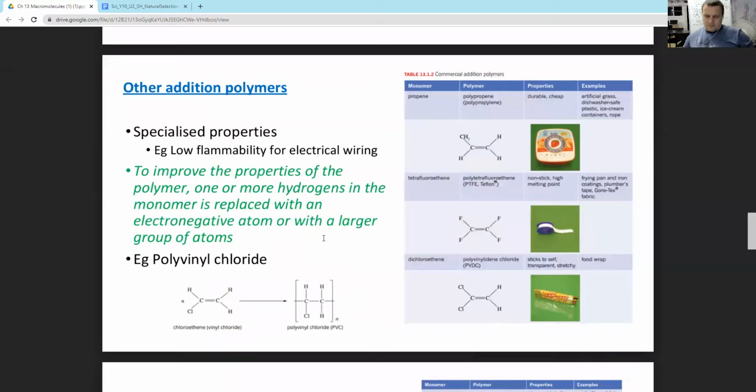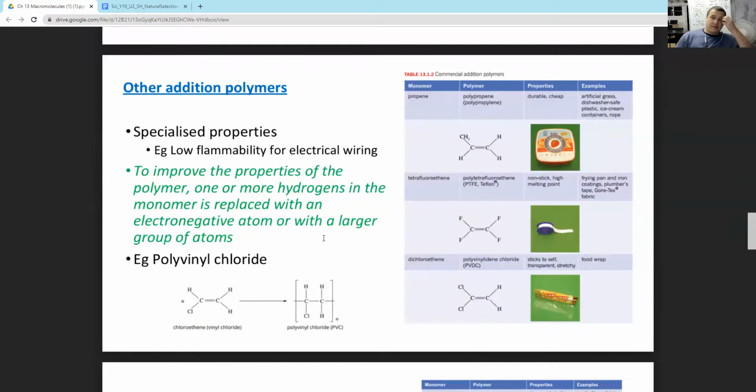So there's a few polymers you need to be aware of. So polypropylene is our starting molecule. It's durable, it's cheap, it makes up most of our plastic. So tetrafluoroethene is Teflon.